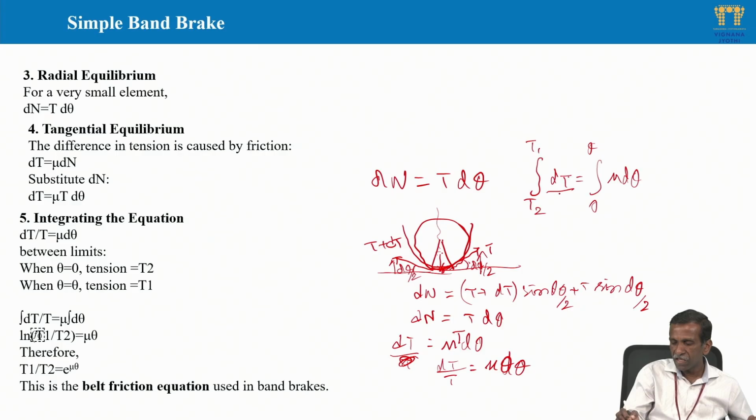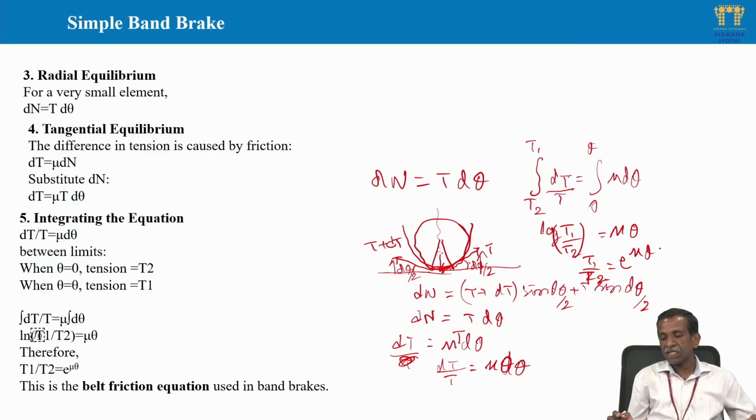It is dT by T, not dT. So it is ln(T1 by T2) equal to mu theta. Then applying the anti-logarithm on both sides, T1 by T2 equals e power mu theta.